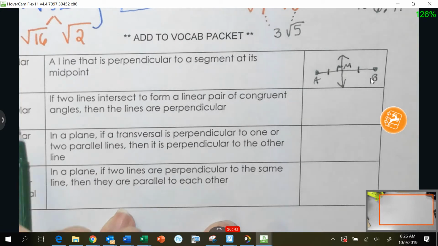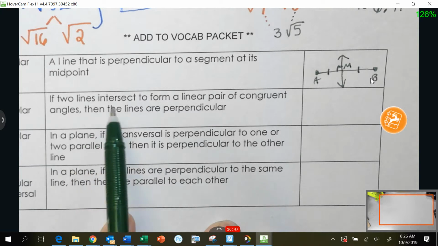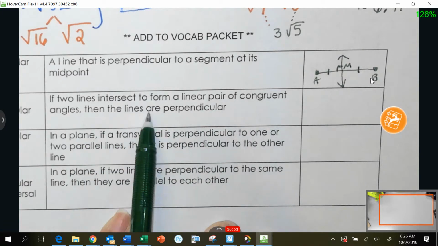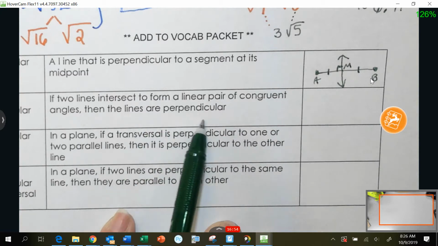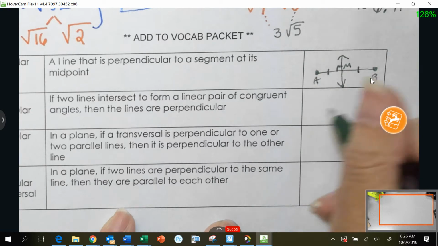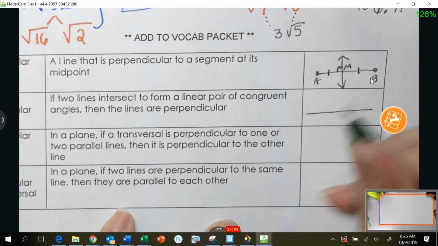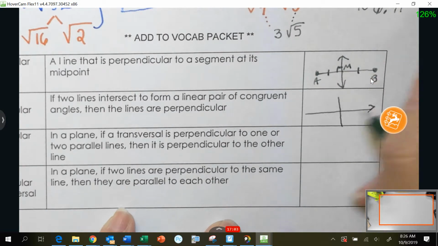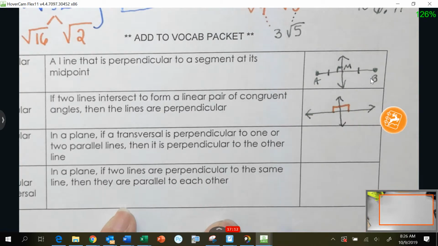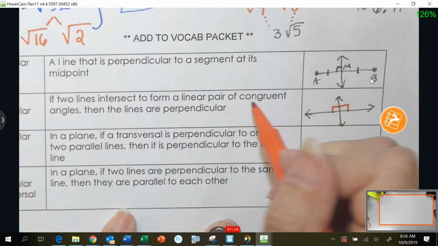We have the linear pair perpendicular theorem. If 2 lines intersect to form a linear pair of congruent angles, then the lines are perpendicular. If we have 2 lines that intersect, and when they intersect, they form a pair of congruent angles.